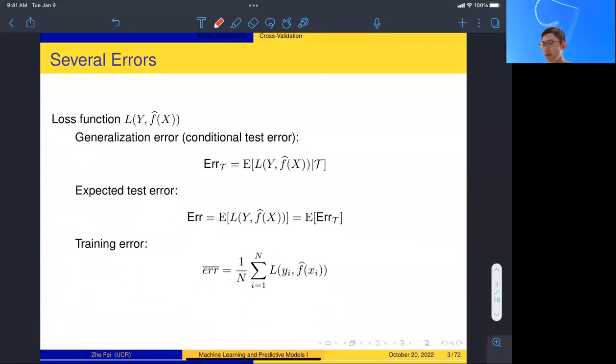So to start with, let's also review our error terms that we have defined. Previously, we talked about the training error versus testing error.